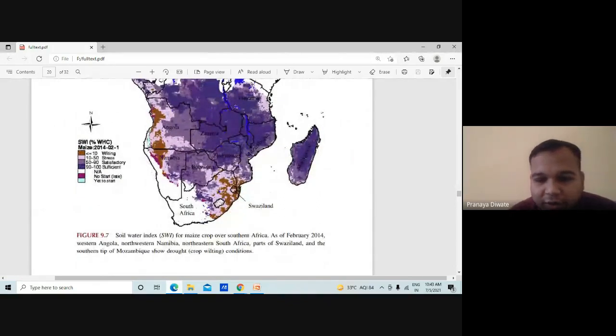So this is a soil water index for a maize crop situation in Africa. I already told you how this soil water index is calculated.